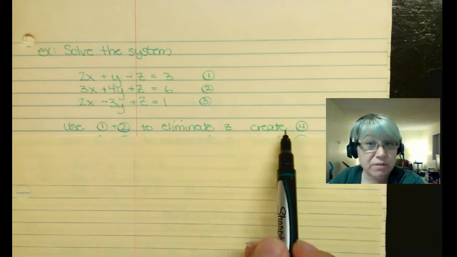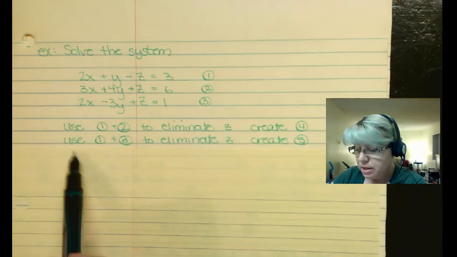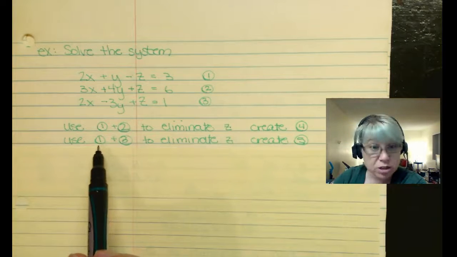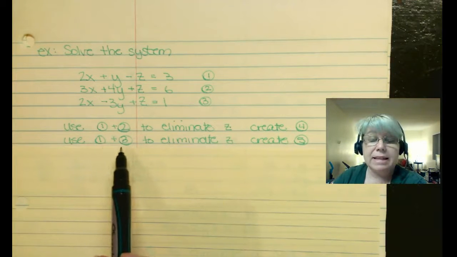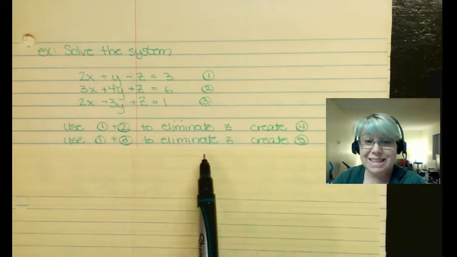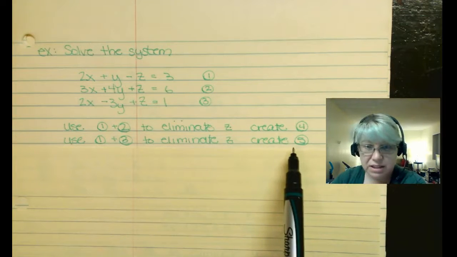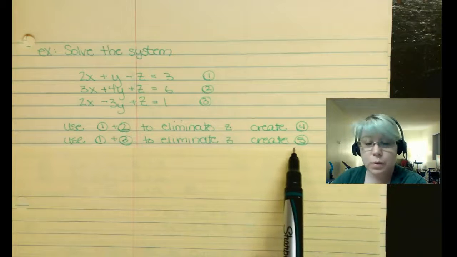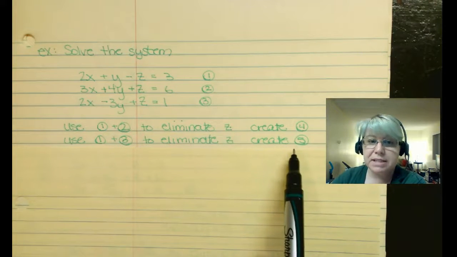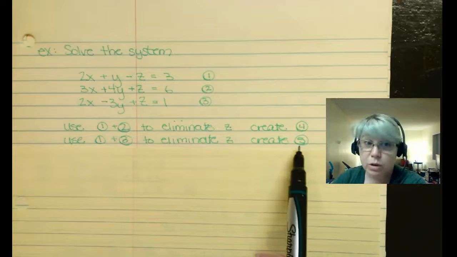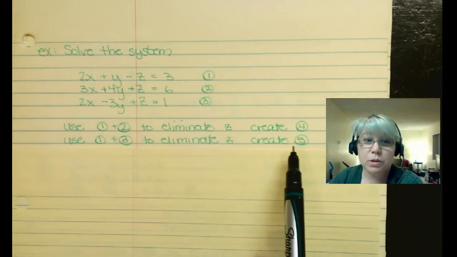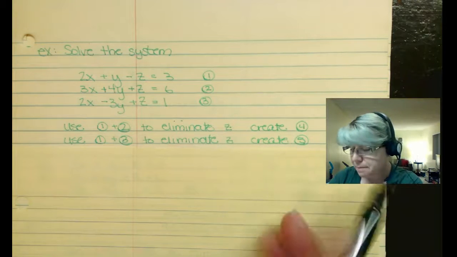I'll create that fourth equation. Then I'll use the same equation 1 and add it to 3 to eliminate that z combination, and I'll create a fifth equation with only the variables x and y. So 4 and 5 will only hold the variables x and y. You have to do a little bit of planning when you're solving this type of system.